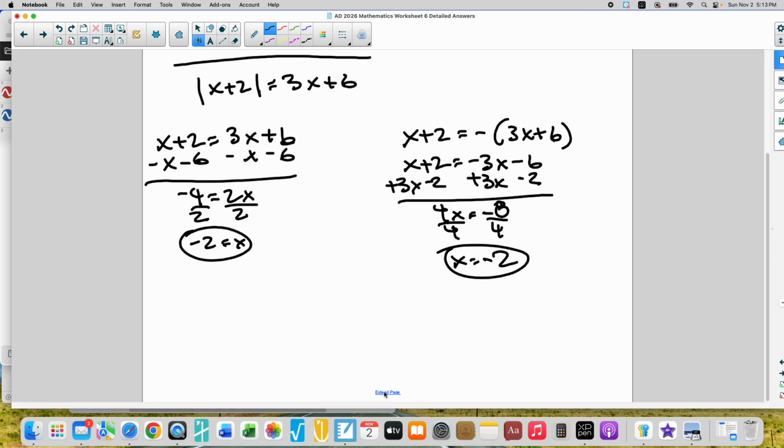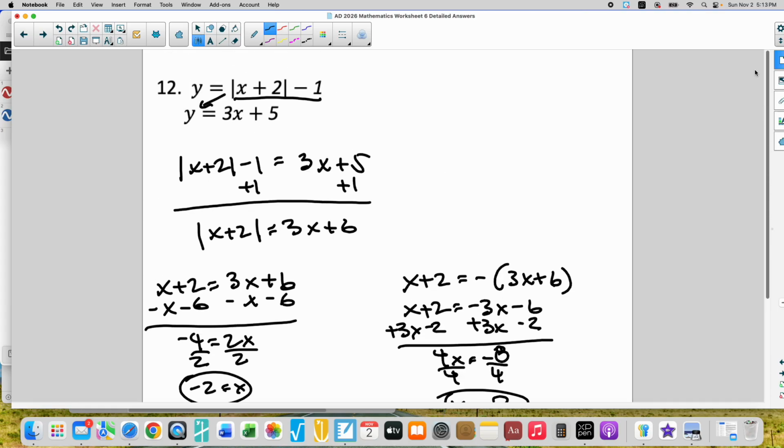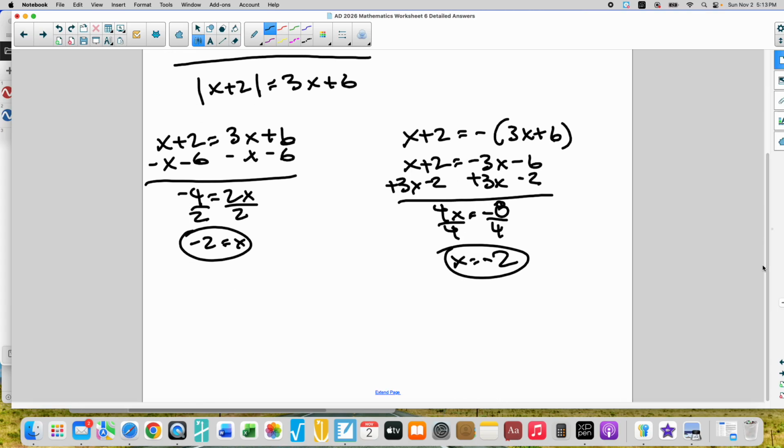That's good. We can plug it back in. Let's do 3x plus 5. Y equals 3x plus 5. Plugging in negative 2, y equals negative 6 plus 5. Y equals negative 1.